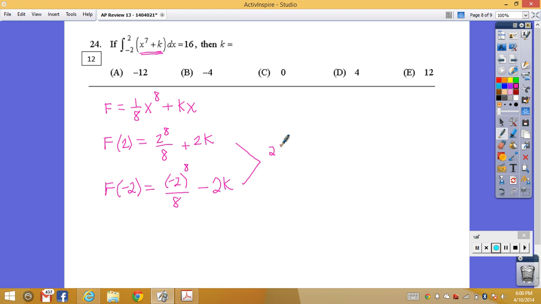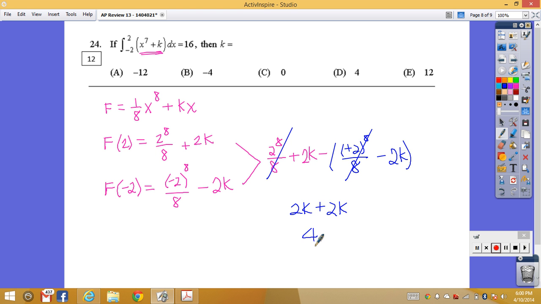So f of 2 minus f of negative 2 is 2 to the 8th over 8 plus 2k minus, negative 2 to the 8th over 8 minus 2k. So this would cancel because it's an even power, and I get 2k plus 2k, which just gives me 4k. So I solved the integral, but notice it said equal to 16, therefore k equals 4.